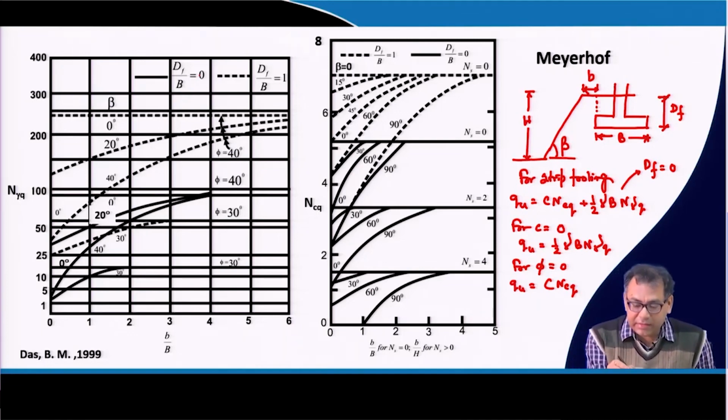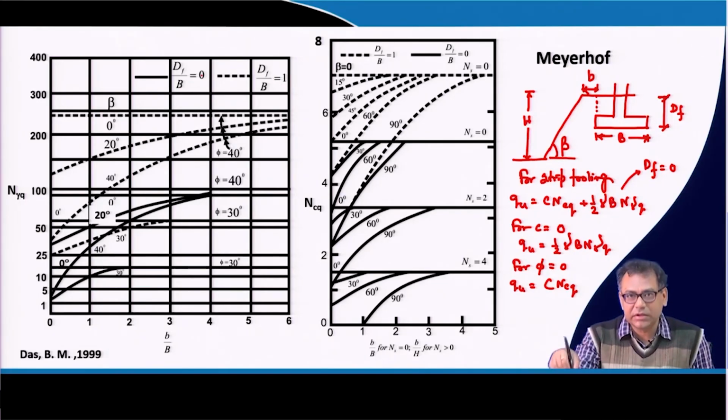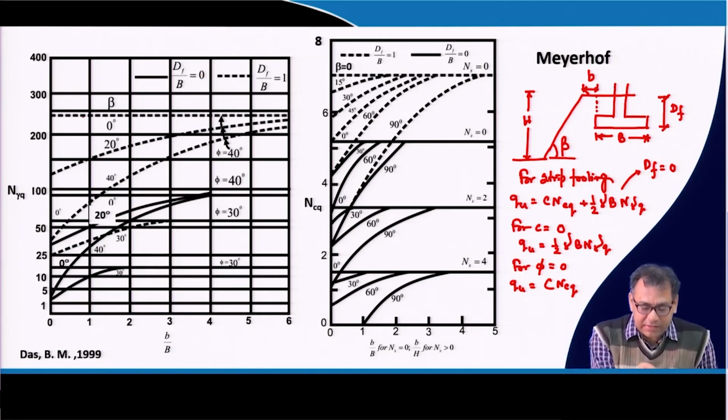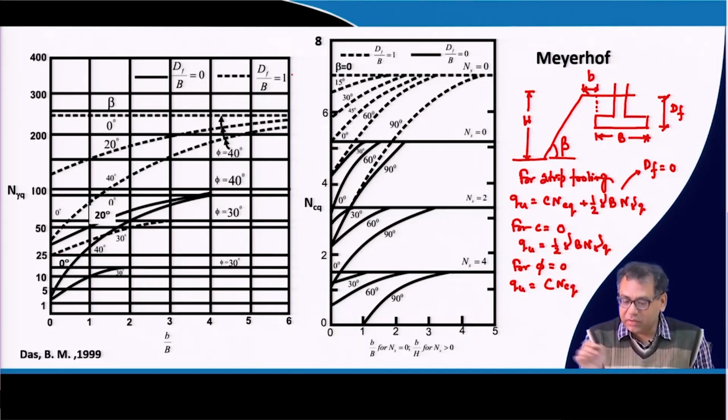If D_f/B equal to 0, that means the foundation is on the slope, so that can be determined from this firm line, and if D_f/B is equal to 1, that can be determined by this dotted line.